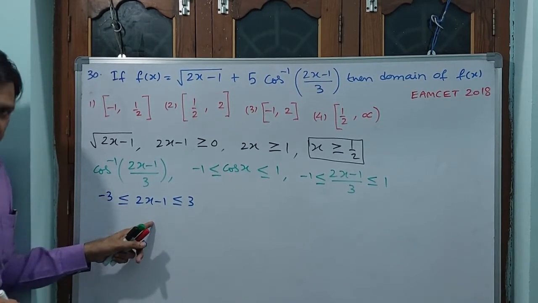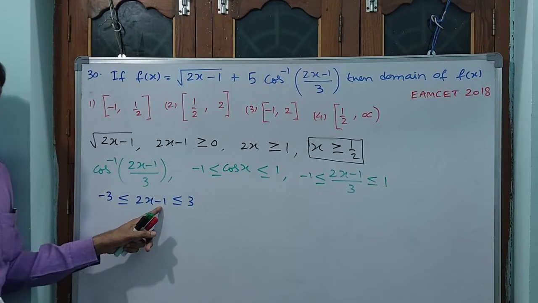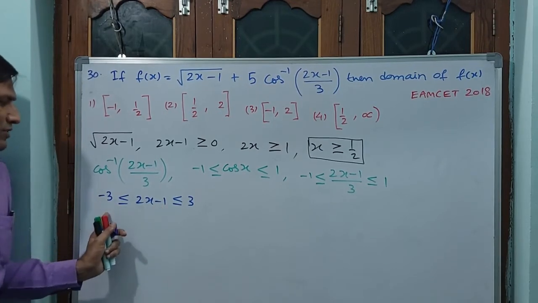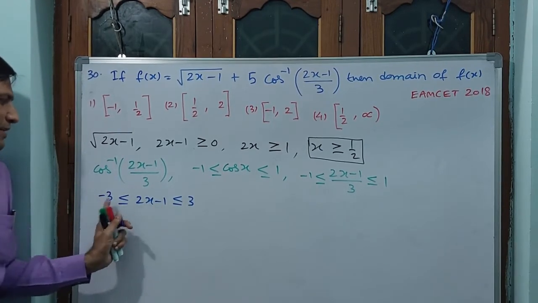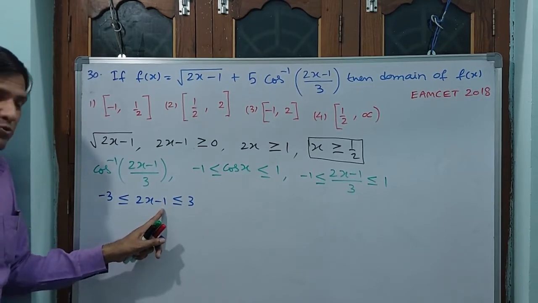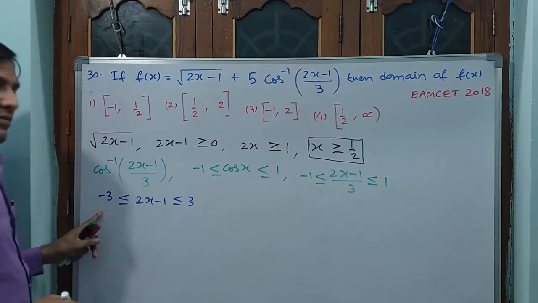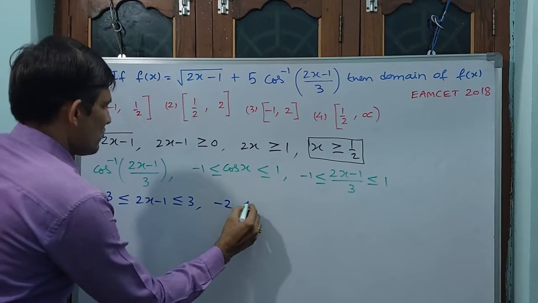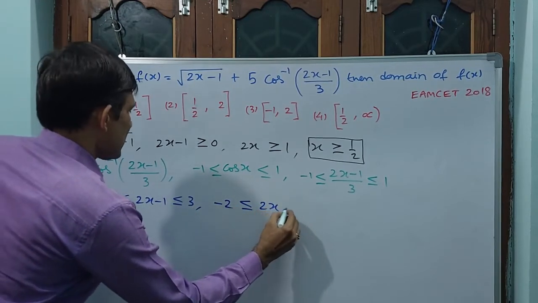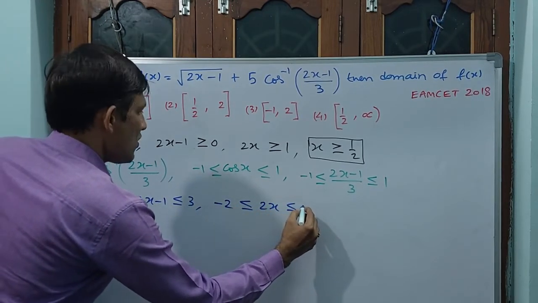Again, you want x. You add plus 1 on both sides. Then this 1 is going to get cancelled. Minus 3 plus 1 means minus 2, and 3 plus 1 is 4. Write down: minus 2 less than or equal to 2x less than or equal to 4.